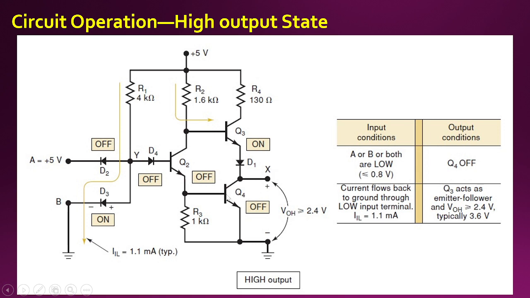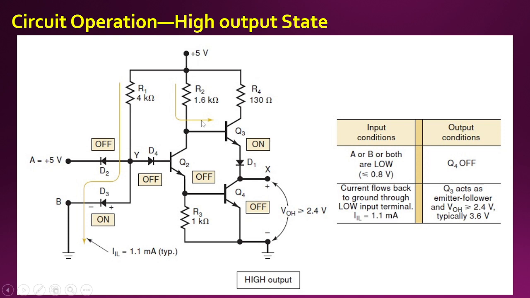Now, when the Q2 transistor is off, there is no current flowing into this section of the circuit, so the transistor Q4 is switched off. So X is now connected to the supply voltage, and the output will be at logic high, but the output will not be almost equal to the supply voltage.